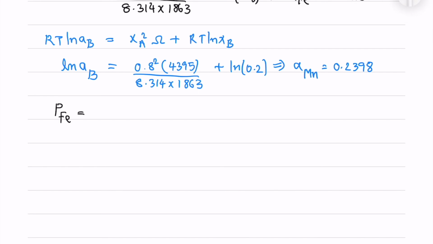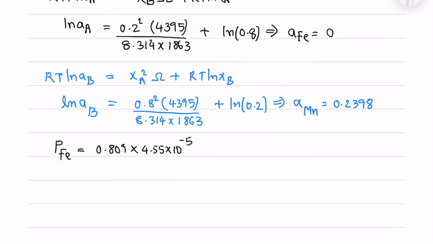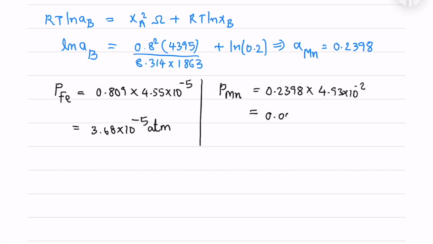So the pressure of the iron component at this particular temperature is given as 3.68 times 10 to the power minus 5 atmospheres, and for manganese you will get a better pressure.